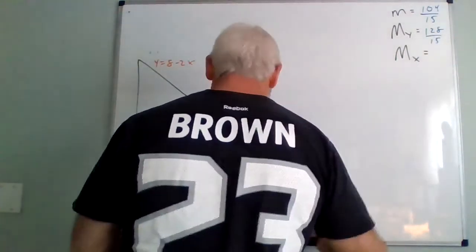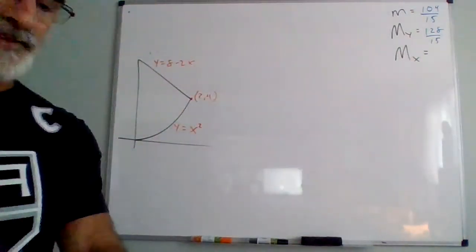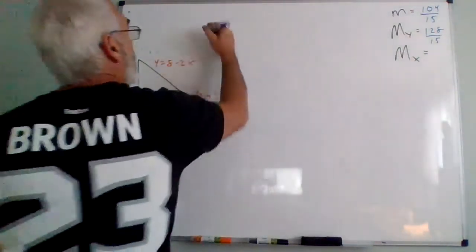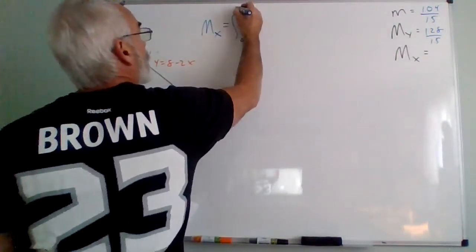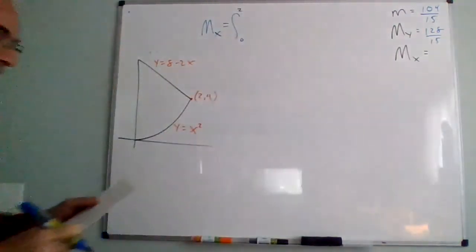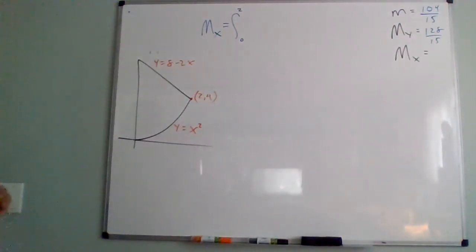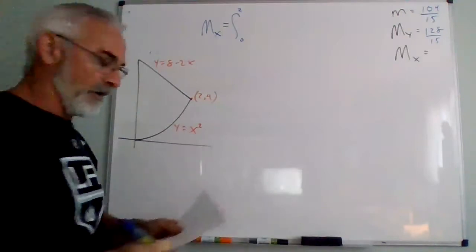Now the last one, probably usually the messiest of the bunch, and that'll be the moment to the x-axis, which would be the integral from, again, 0 to 2. And now what I'm doing is I'm taking the mass and I'm multiplying it by half the sum of those.